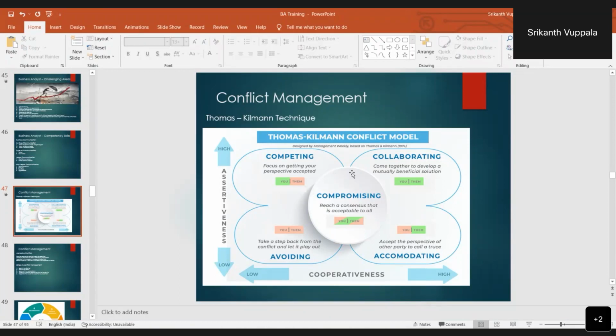There will be some common people in any group, who will be compromising in nature. They will contribute to providing the solution, or they will contribute in accepting the solution. You have to identify those people and try to reach conflict acceptance between the stakeholders.